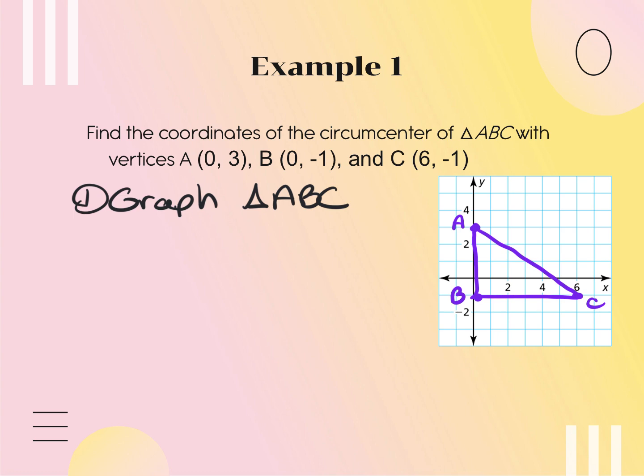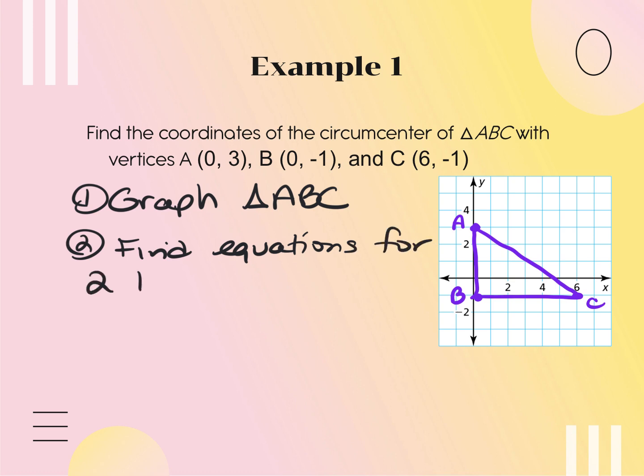So the next thing we need to do is find the equations for the two perpendicular bisectors, which was question number 9 last night. The triangle actually has 3, but once we find the point of intersection of 2 of the perpendicular bisectors, the third one will have that same point of intersection.